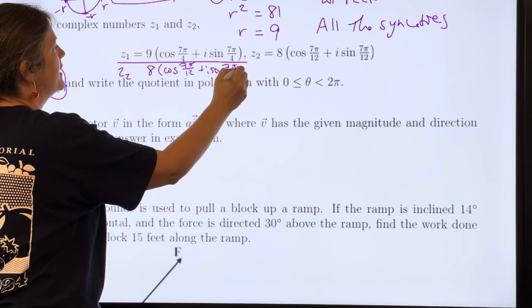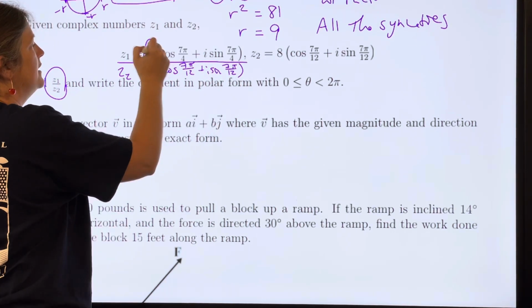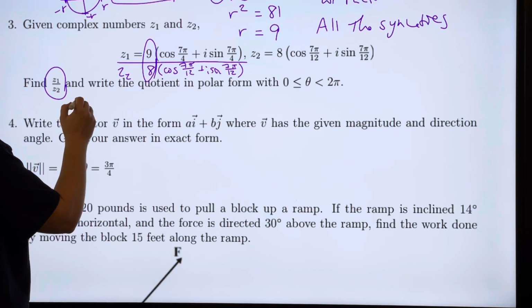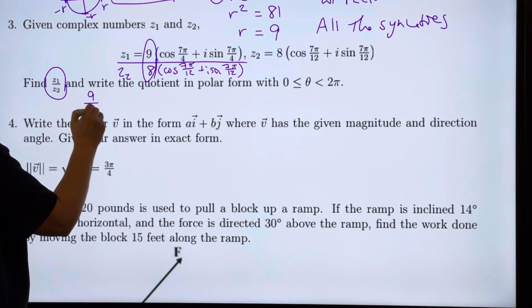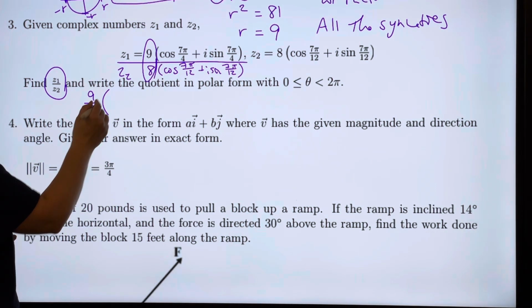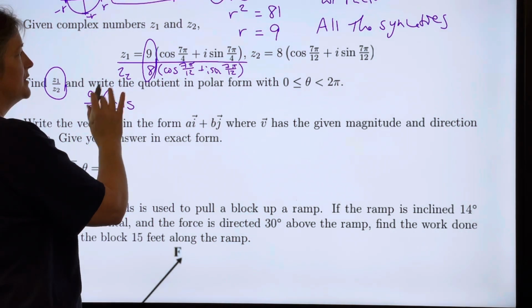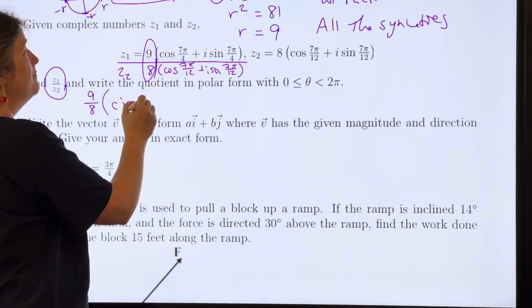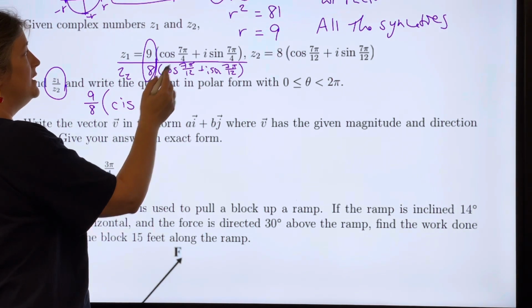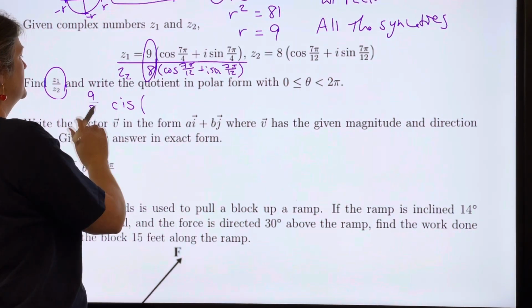Now it looks like I might have a lot of math to do, but I don't. The modulus is 9/8, so I'm going to get 9/8. And then my angle, I'm going to be lazy and write cis. It means cosine plus i sine of my angle.